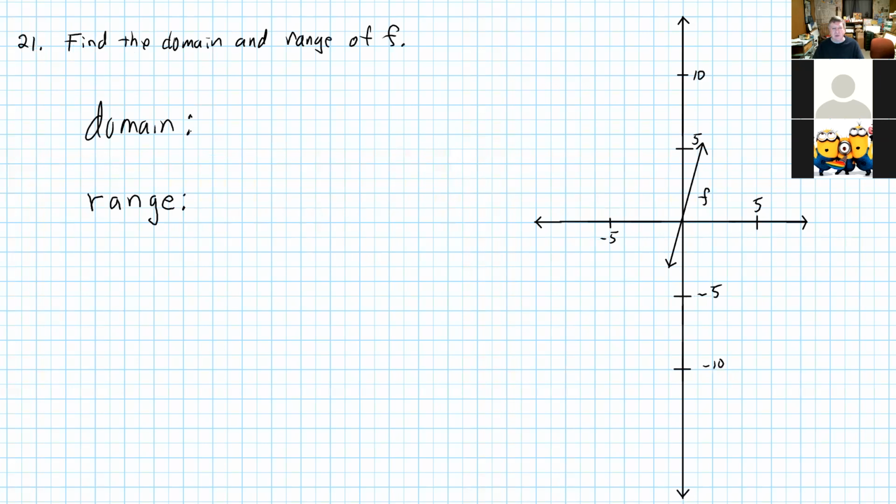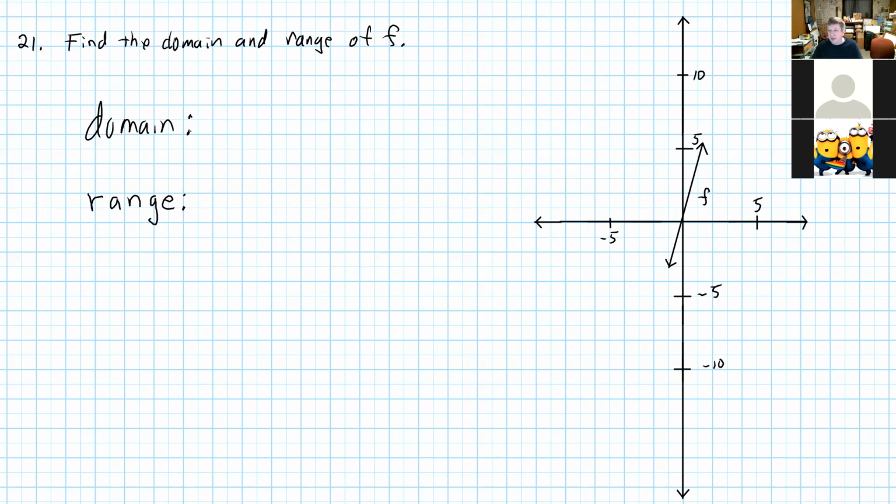Find the domain and range of F. Now, we've talked about finding the domain of a function. We did that yesterday where we had the function. Now we're going to look at the graph. So the domain is all the X values of all the points that are on the graph.